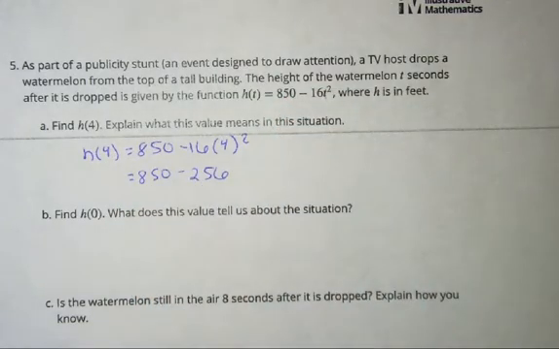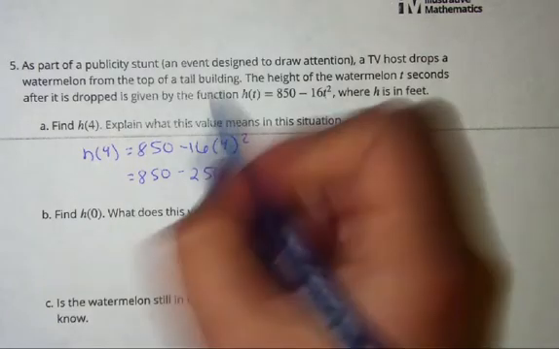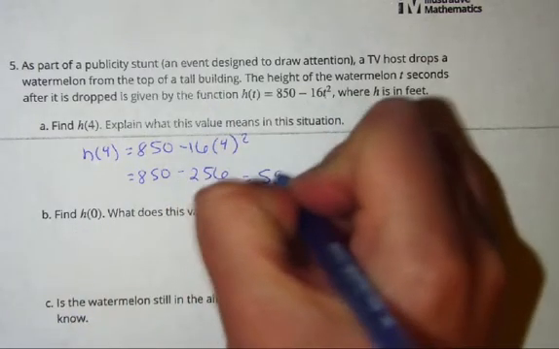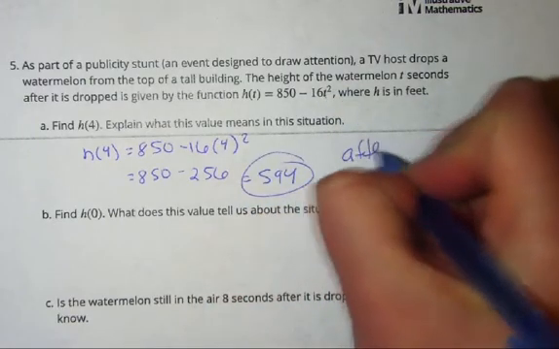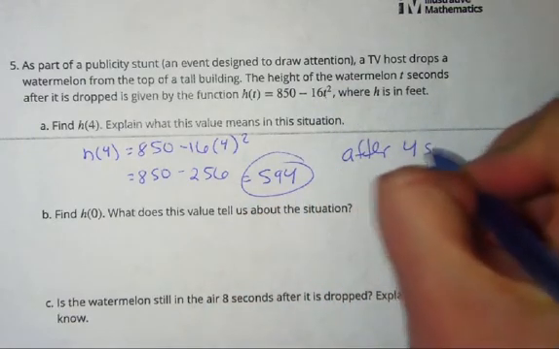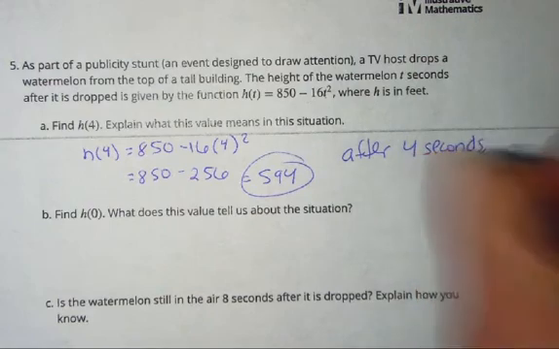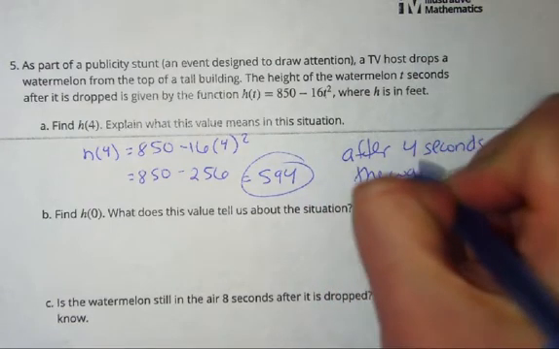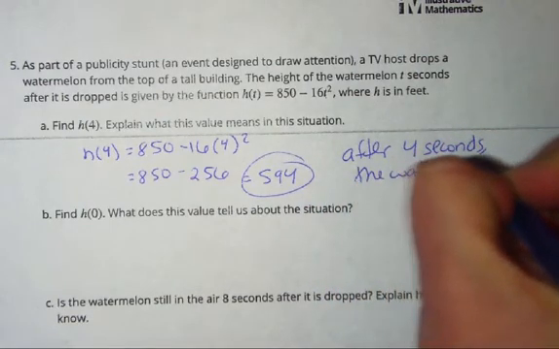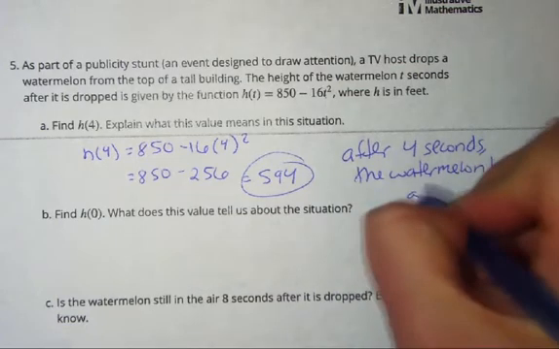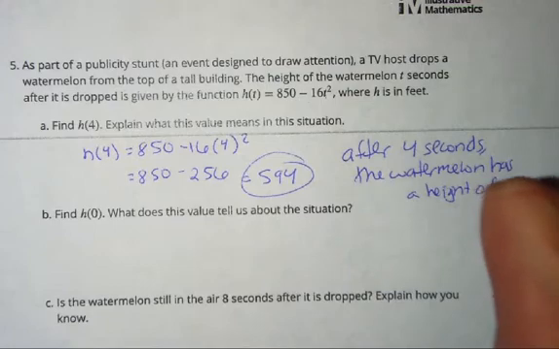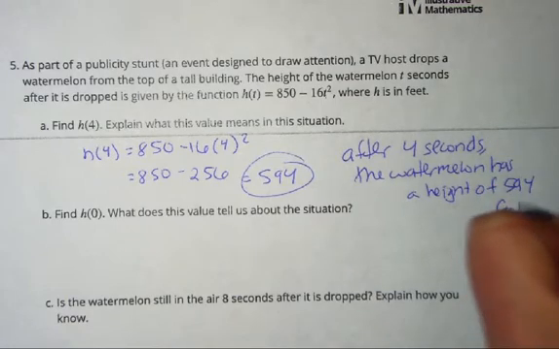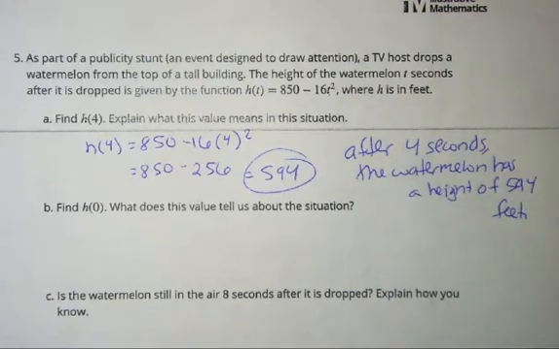So 850 minus 256 equals 594. Okay, so that means after 4 seconds, the watermelon has a height of 594 feet.